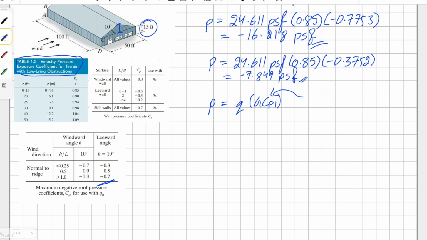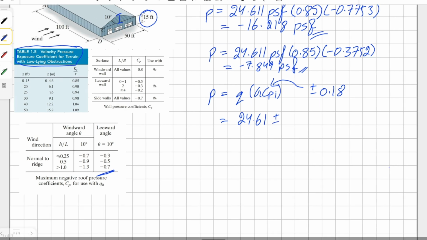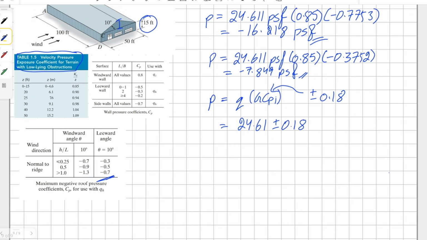Basically, if a certain building meets the criteria, then its internal pressure coefficient would be plus or minus 0.18. We already know our velocity pressure, and we know our internal pressure coefficient is 0.18. Solving this, our answer for internal pressure would be plus or minus 4.43 pounds per square foot. Okay, and that's our final answer.